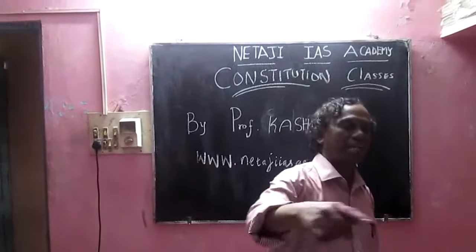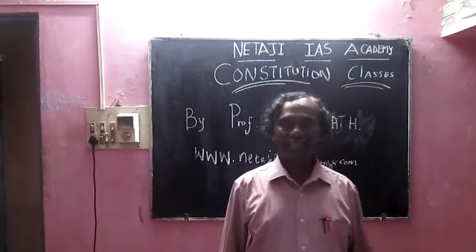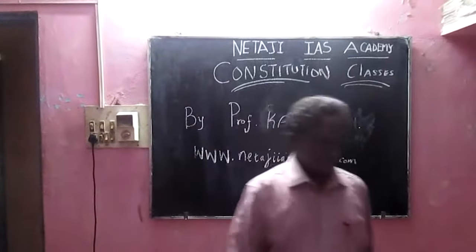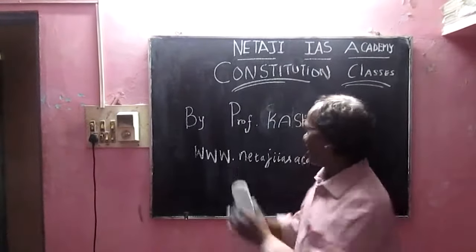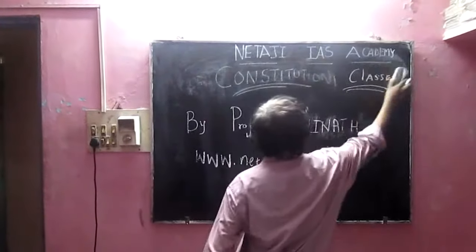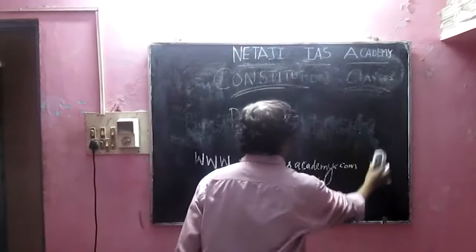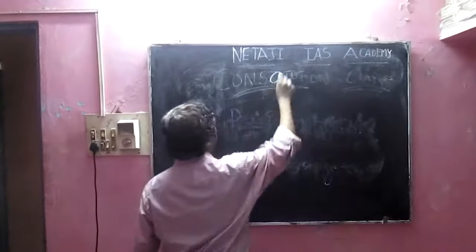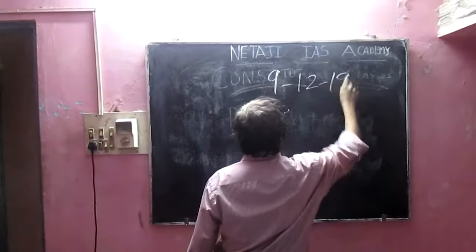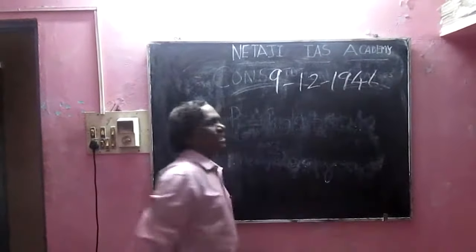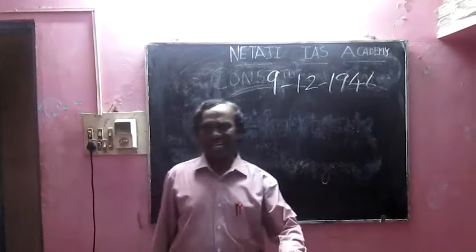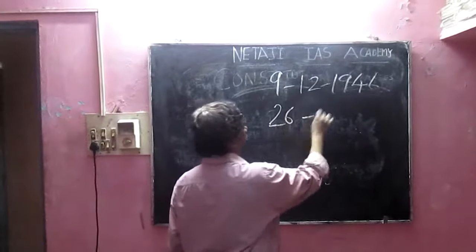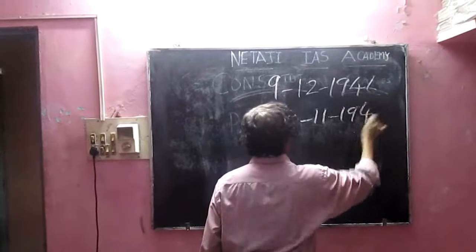The Constituent Assembly met for the first time on 9th December 1946. It met for the last time on 26th November 1949.